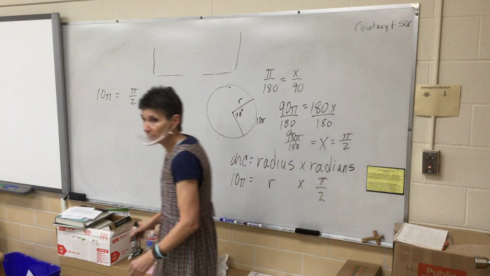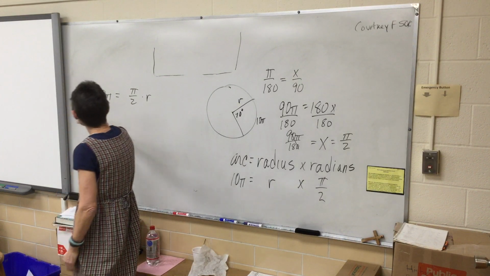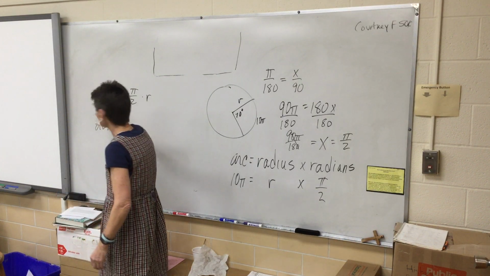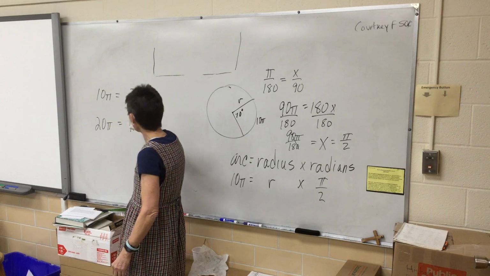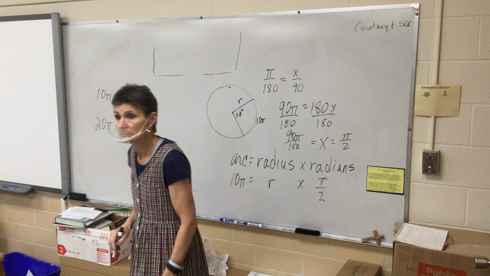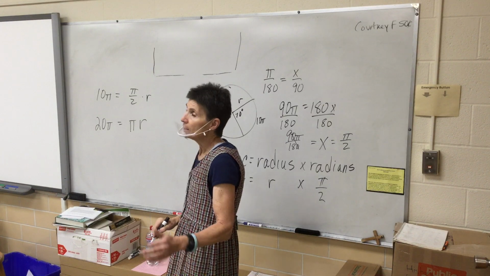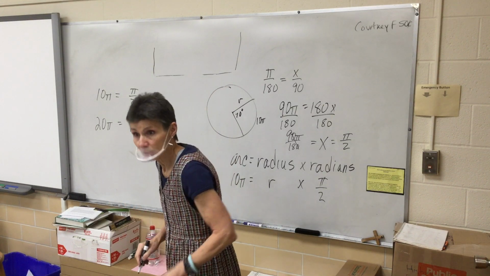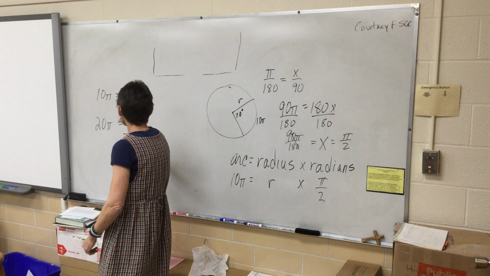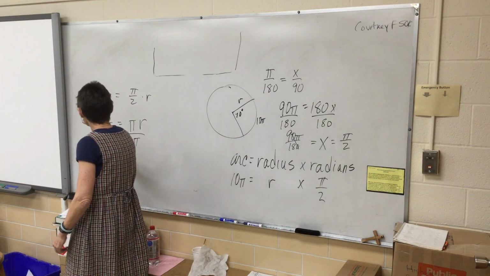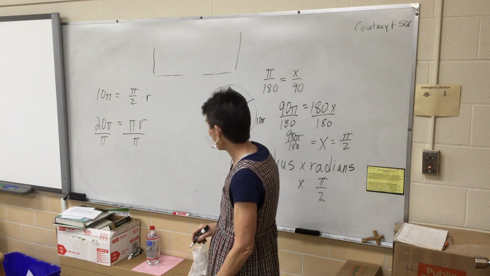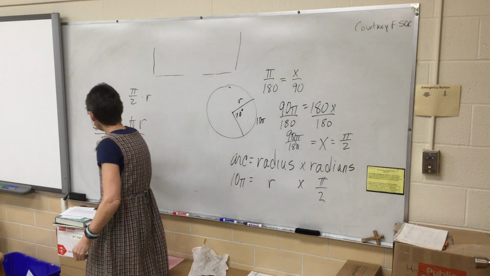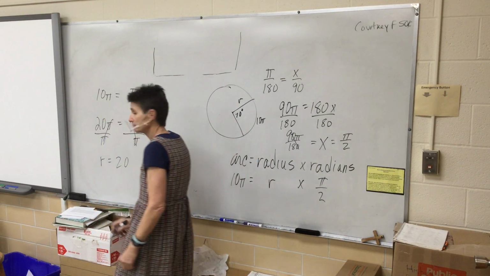Okay, absolutely. We can multiply both sides by 2. So that would give me 20 pi, 2 times 10. And it would cancel that out and I'd have pi r. Couldn't you just cancel out the pi? Well, I'm technically dividing both sides by pi. Yes, that will cancel it out. I'd rather you got in the habit of showing what's happening there. But yeah, they're both going to cancel. So what's r? 20.